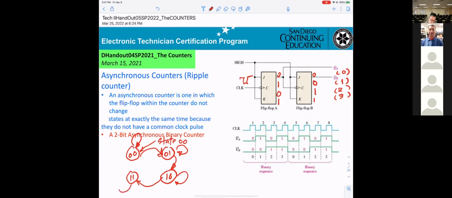So, the counting number, if you're using decimal, they will be going from 0, 1, 2, 3. However, how many states?